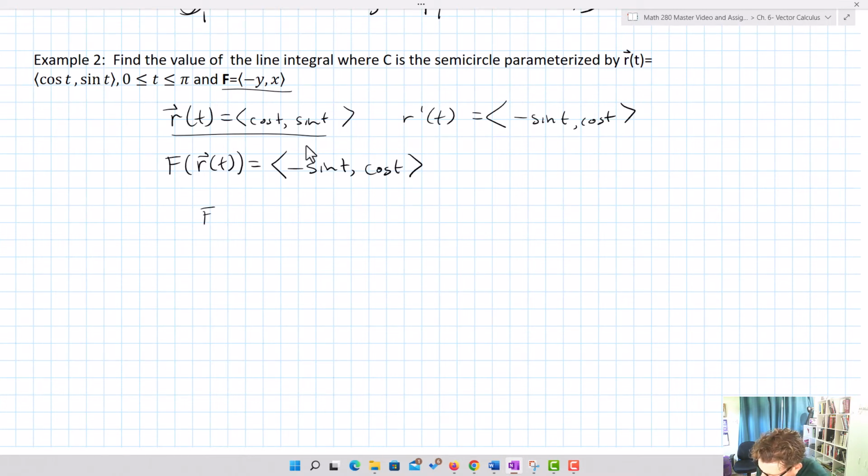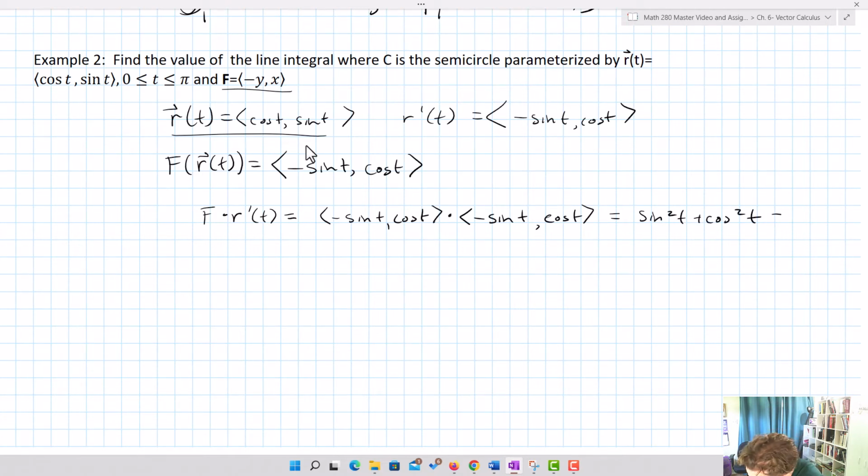So F dot r prime of t is then going to equal negative sine t, cosine t dotted with negative sine t, cosine t. And this ends up equaling sine squared t plus cosine squared t, which equals 1.